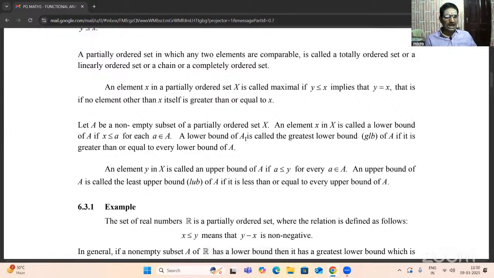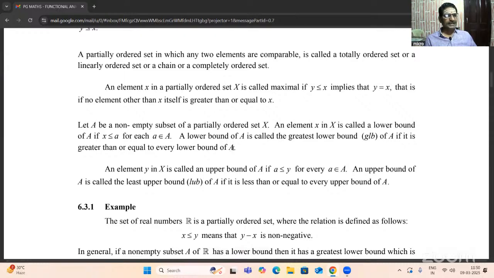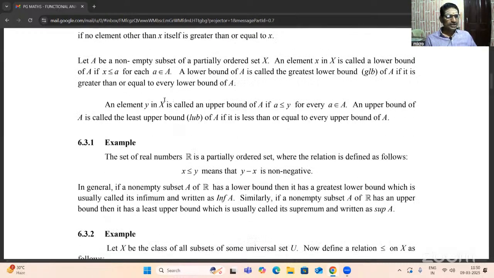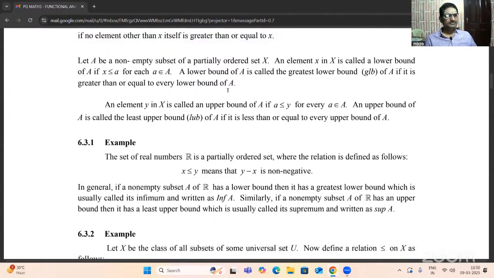Now, a lower bound of capital A is called the greatest lower bound of capital A if it is greater than or equal to every lower bound of capital A. That is the difference between the infimum and supremum. So the greatest lower bound of the subset is greater than or equal to every lower bound of the subset.